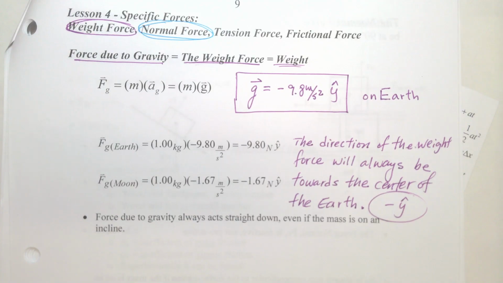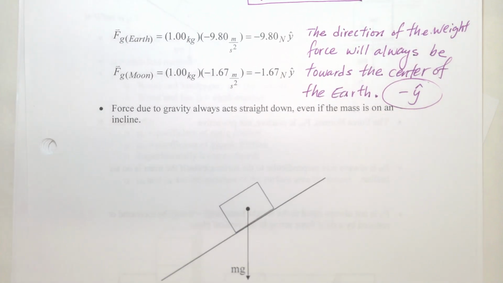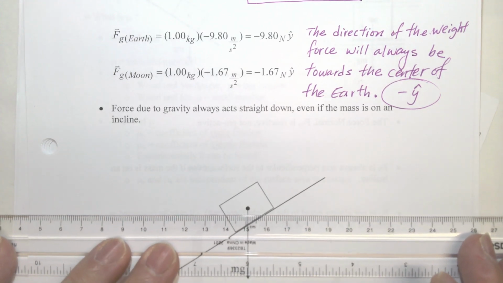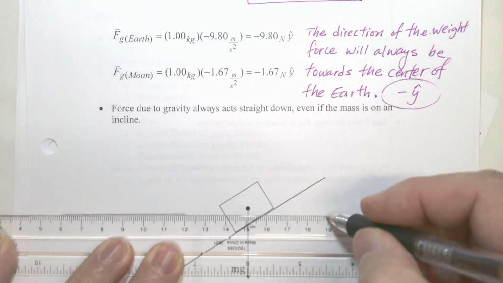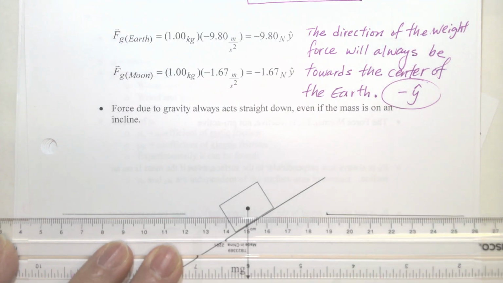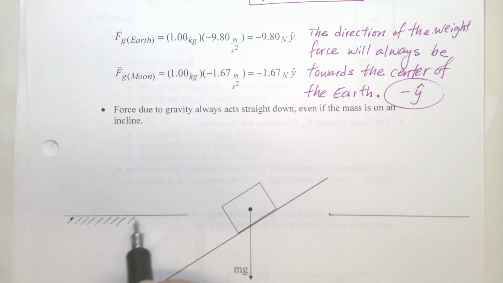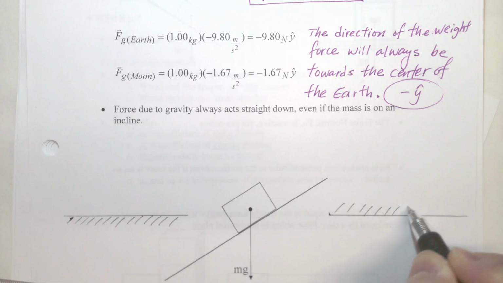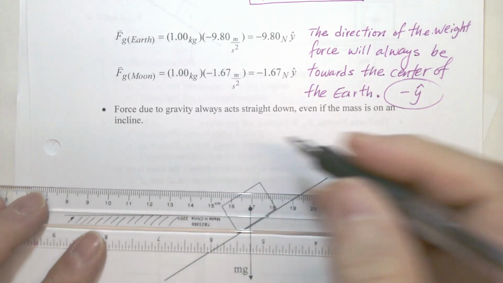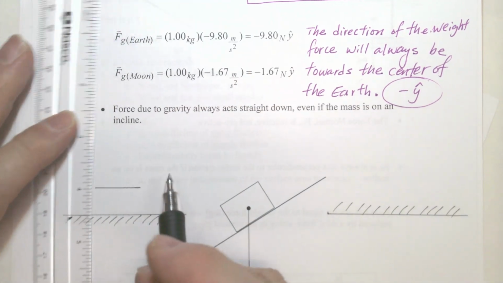So, force due to gravity acts straight down, even if the mass is on an incline, okay? So if we were to actually have, say, an object resting on the surface like this, horizontal surface.